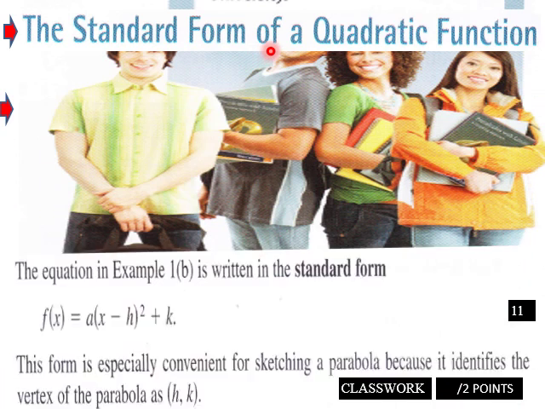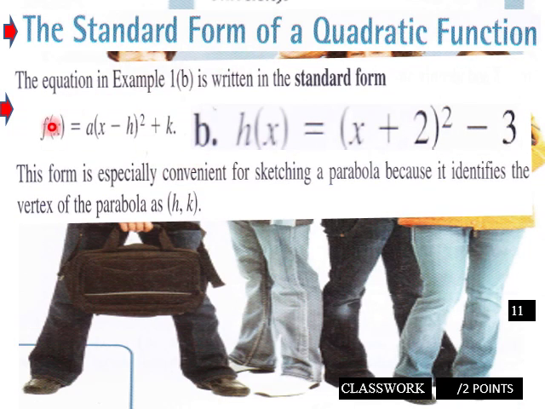Okay, so getting onward into the standard form of a quadratic function, we've got this situation here. This is written in standard form because it's written in the vertex form of a parabola with h and k. Here's our h, here's our k.